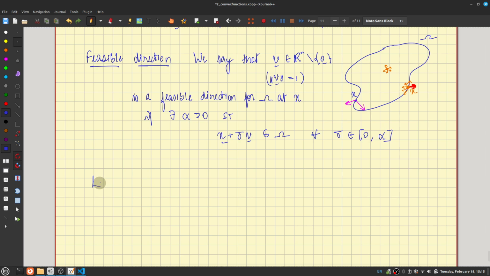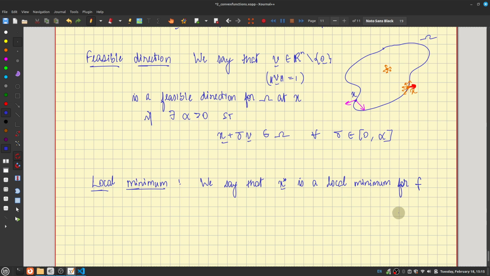So using this, we say that x star is a local minimum for f comma omega.